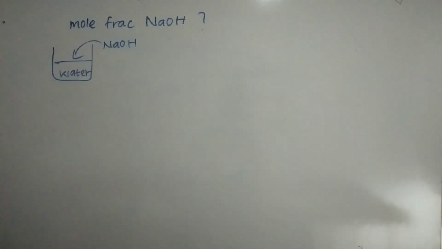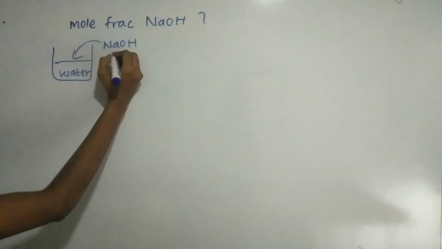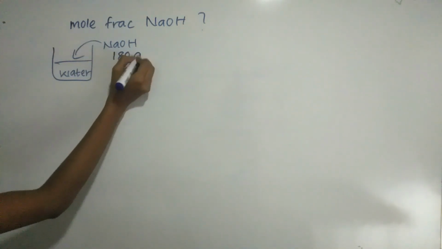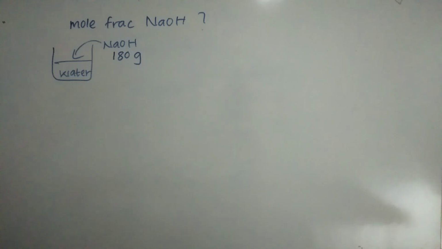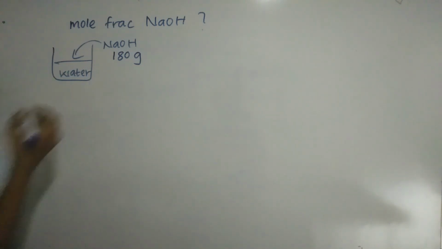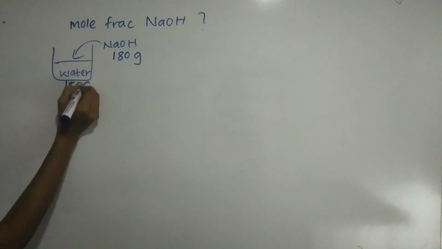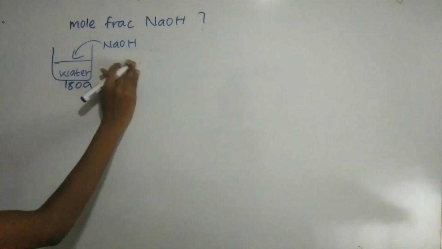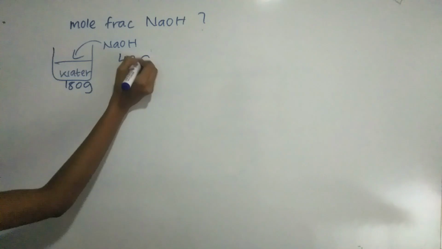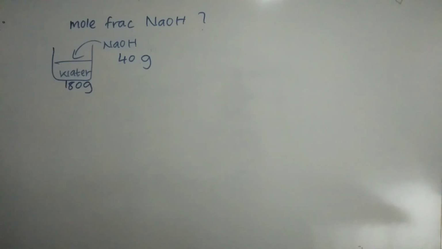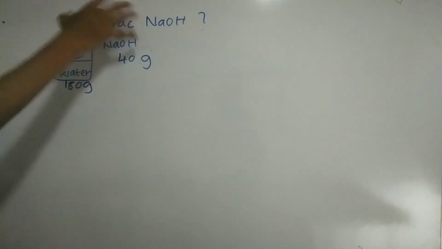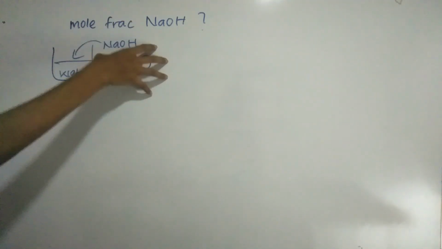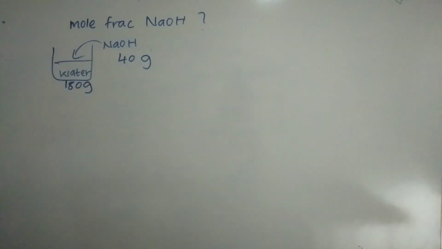They have given us the mass of water as 180 grams and the mass of sodium hydroxide as 40 grams. Now to find the mole fraction, we should know the number of moles of sodium hydroxide and the number of moles of water.